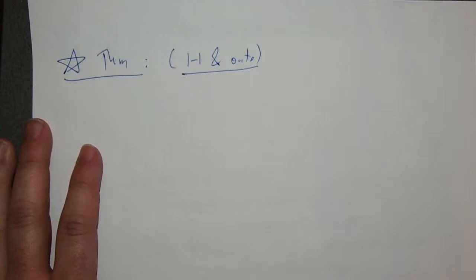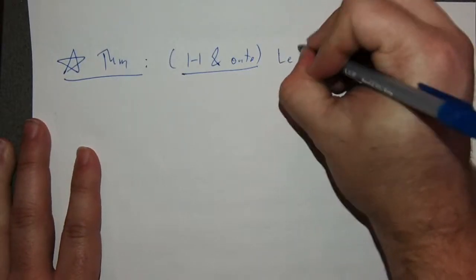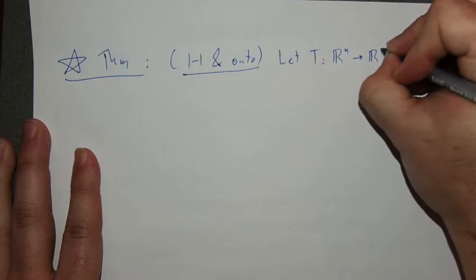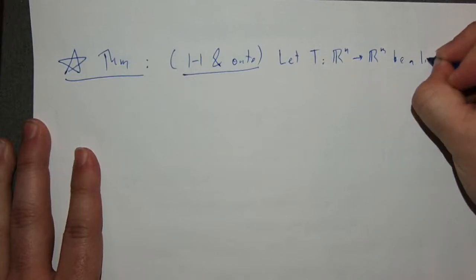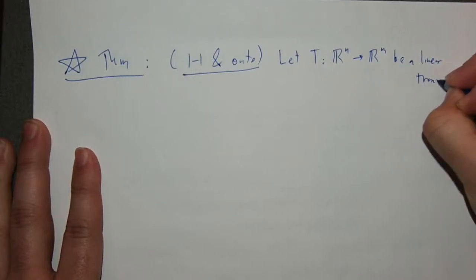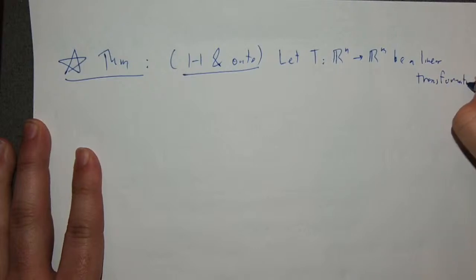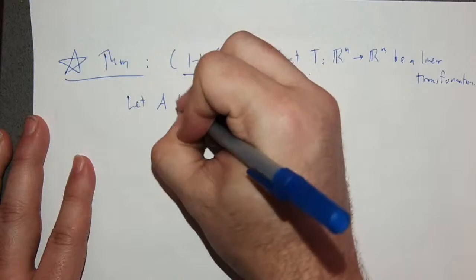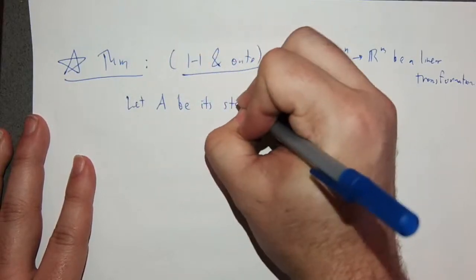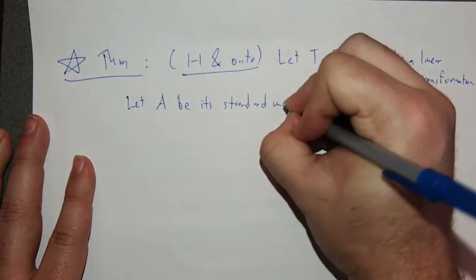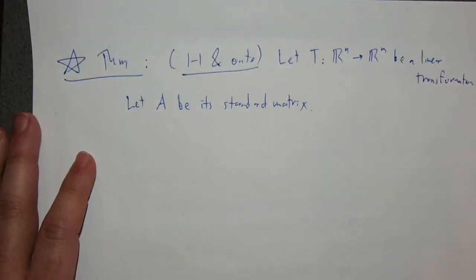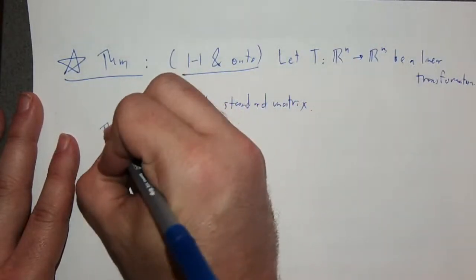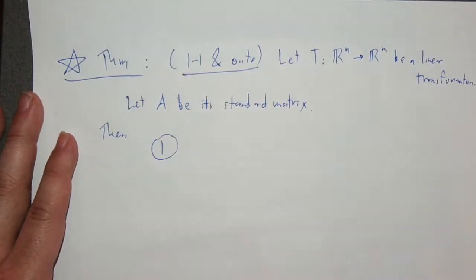Okay, so here's a theorem. Let T from Rn to Rm be a linear transformation. Let A be its standard matrix. So say we found the standard matrix for T, we've called it A. Then 1.